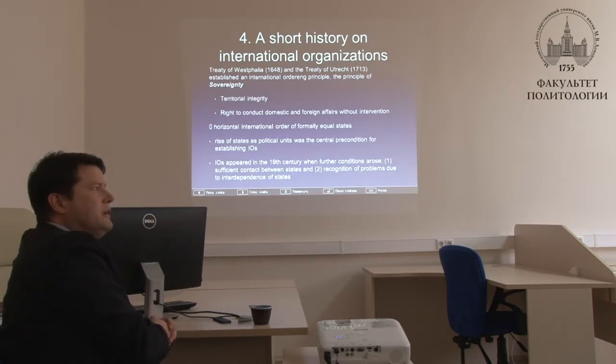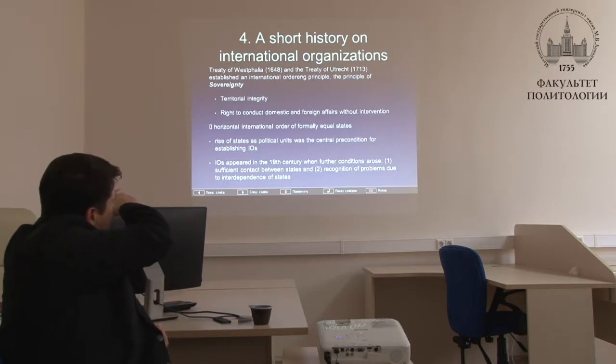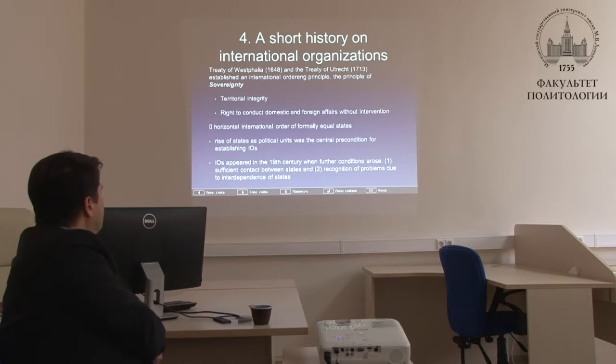The notion of sovereignty starts really after the end of the 30 Years' War, because it established territorial integrity and the right to conduct domestic and foreign affairs without intervention. A horizontal international order of formally equal states has been established within or by the Treaty of Westphalia.